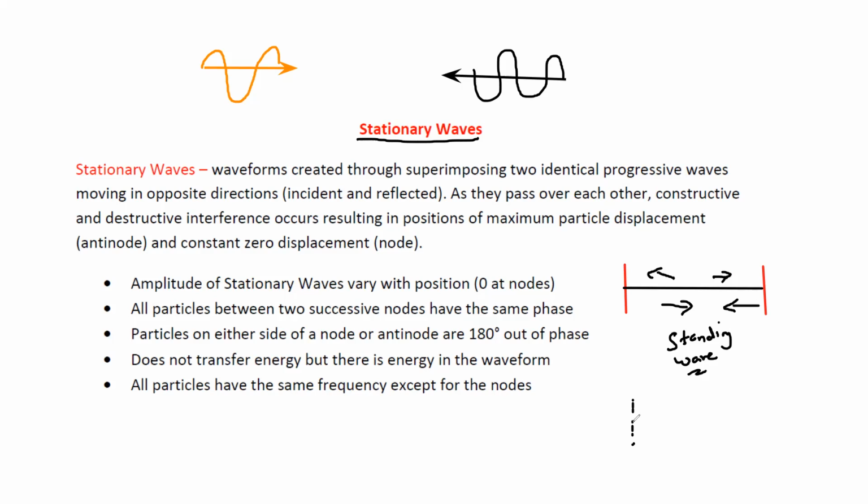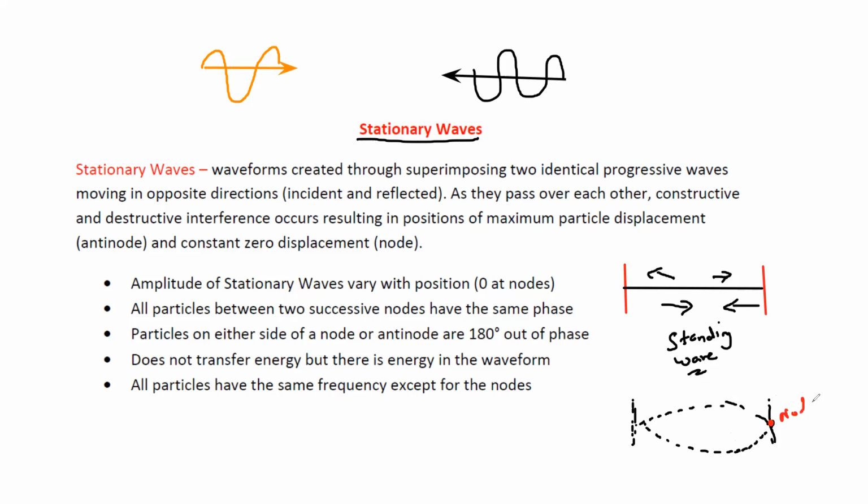The region where the displacement is maximum refers to the antinode, and the region where the displacement is minimum, very small, refers to the node.